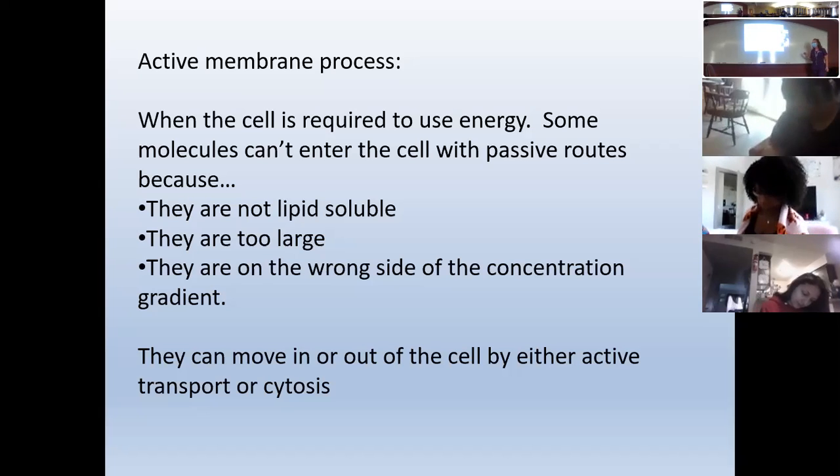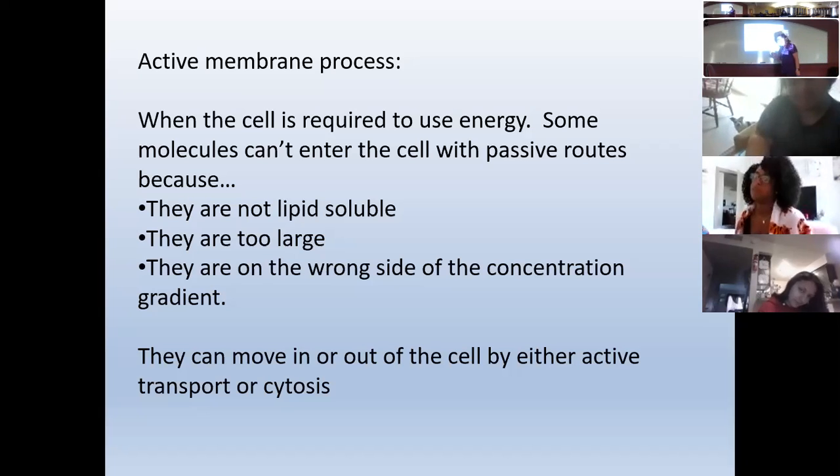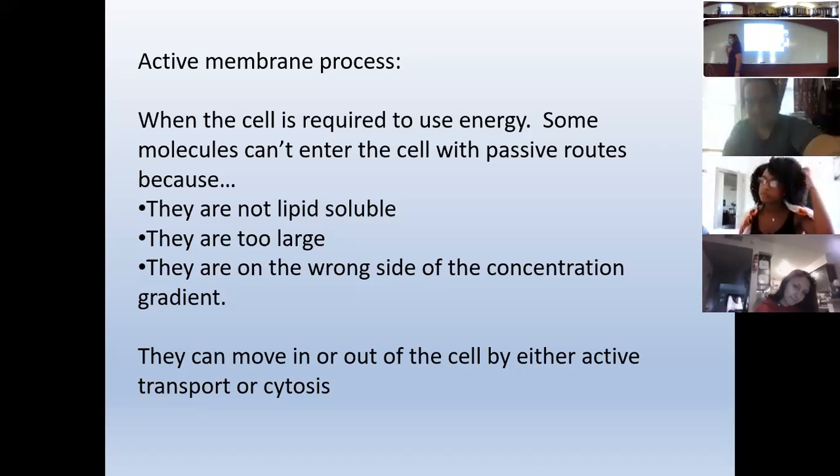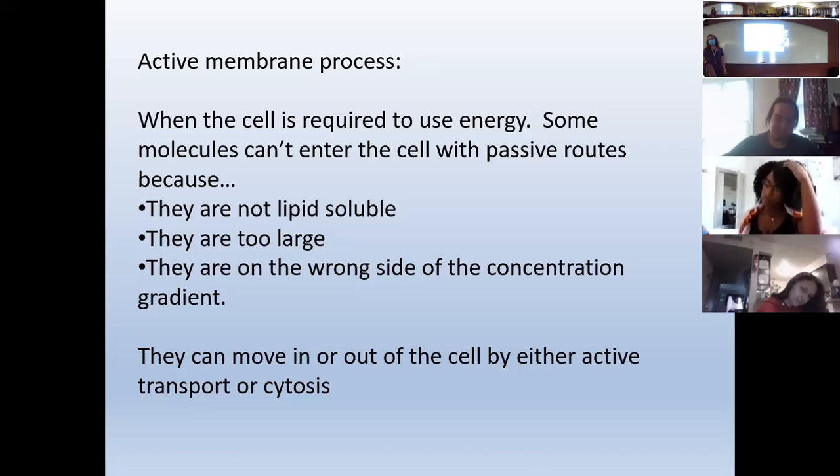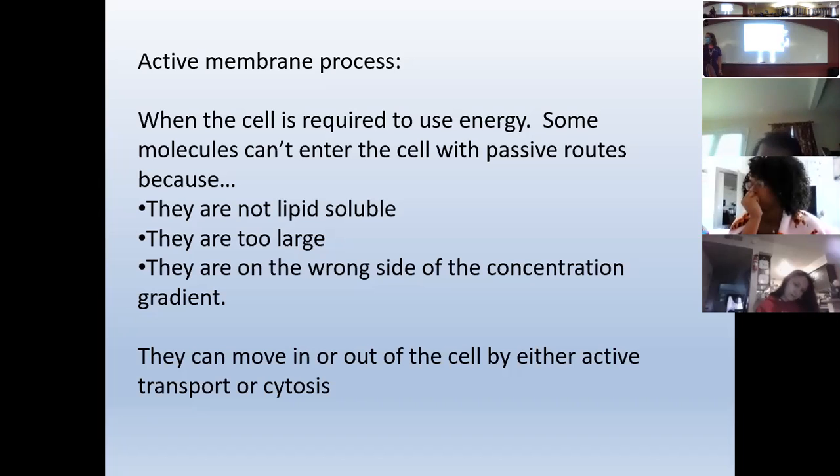So we're going to talk about some ways that we can use active energy to get stuff into a cell and get stuff out. If we are cells, we need to take in oxygen and nutrients and water, and we need to get rid of excess toxins, undigested remains of your meal, excess water in your urine.